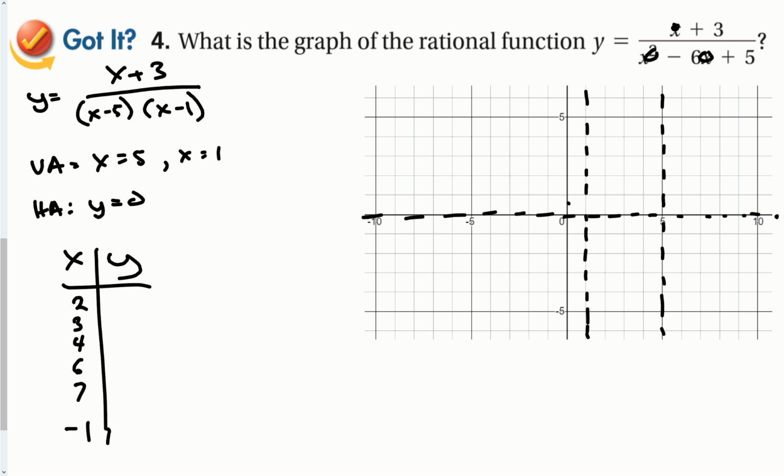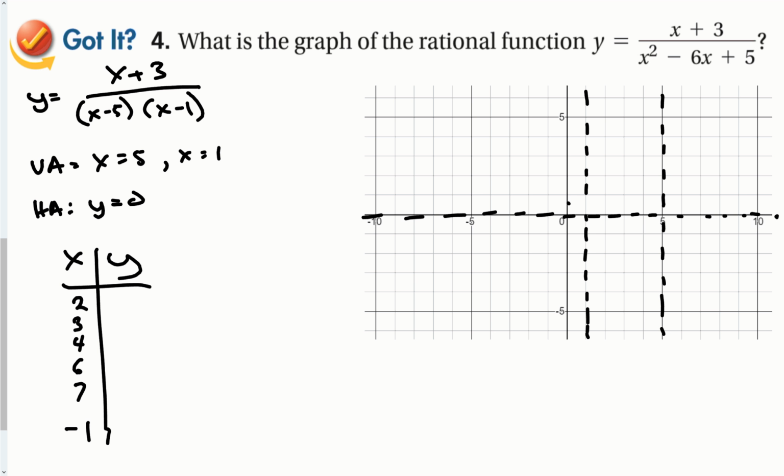Obviously there's a lot of stuff to plug in here, and that's why these questions can take a little bit of time to solve. So just take your time, plug in the different points. You can use a graphing calculator if you want, which is what I'm going to do as I pop into Desmos.